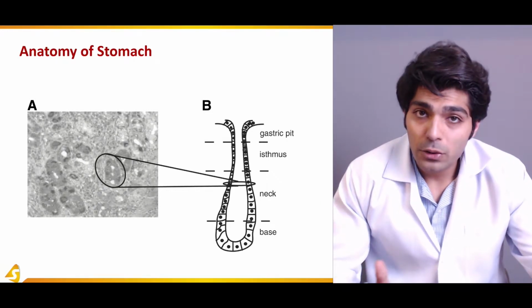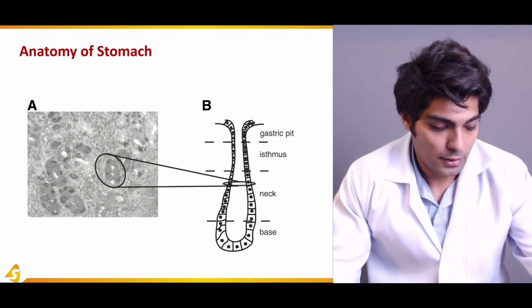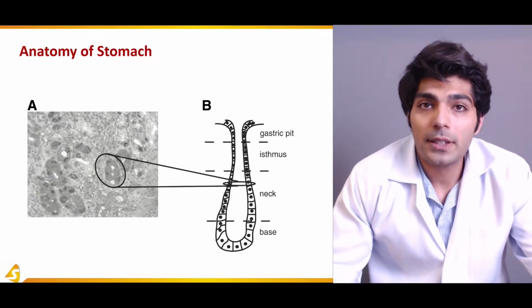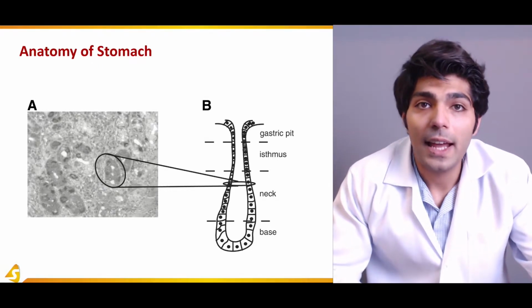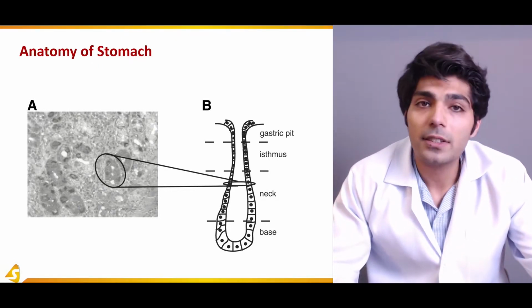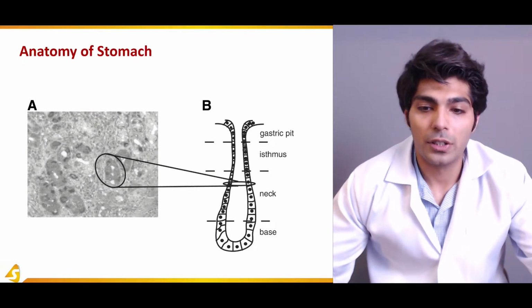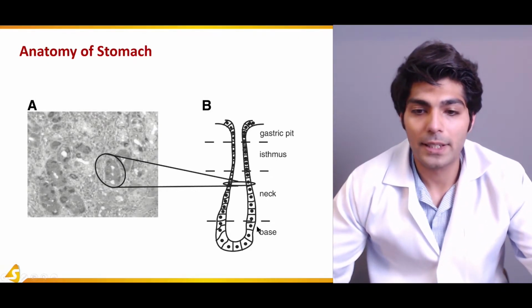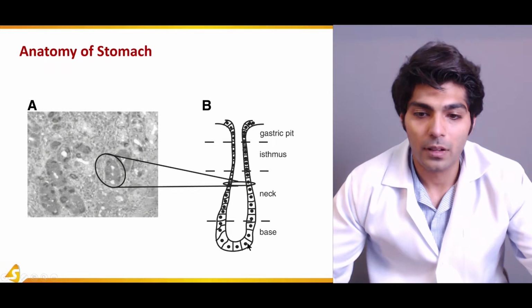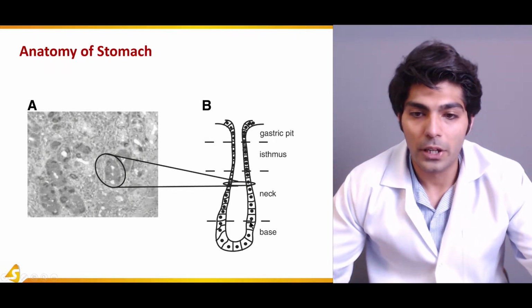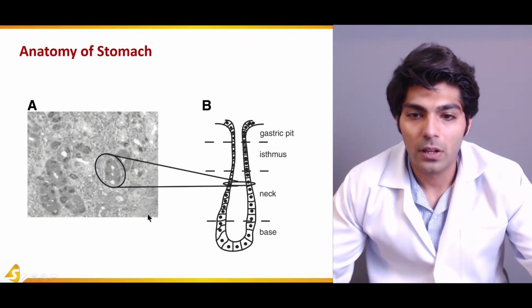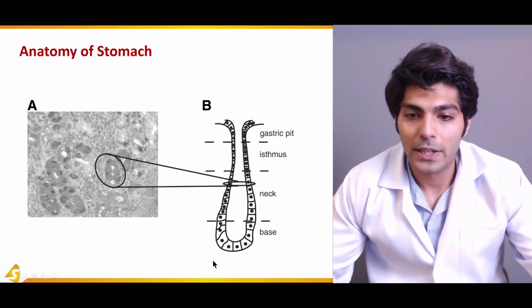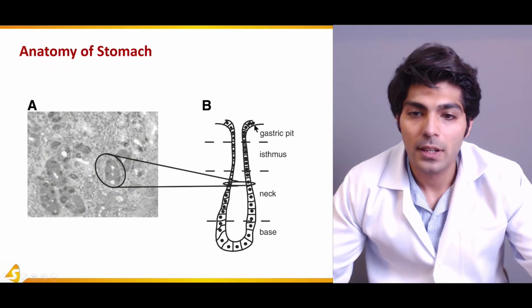G cells are usually located near the parietal cells. The main types of cells in the fundus area are the chief cells and the parietal cells. Chief cells form the basal region. The chief cells are mostly present in this part of the region. So this is basically the histology of the stomach, comprising different types of cells.